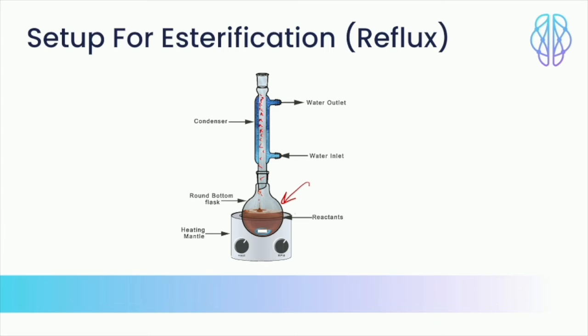So it'll go from the vapor, be cooled by the condenser, and drip down as a liquid back into the round bottom flask. In effect, you're not really losing any of your initial reactant, so you're maximizing the yield.